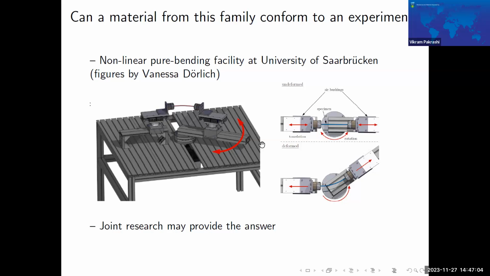So in fact, we can start with a quarter arch and bend it into an opposite quarter arch. Huge bending. And we have now available a material with a vast number of material parameters for which we can actually see whether there is some correspondence between the theory and the experiment. So this is what my group is planning to do for the future.